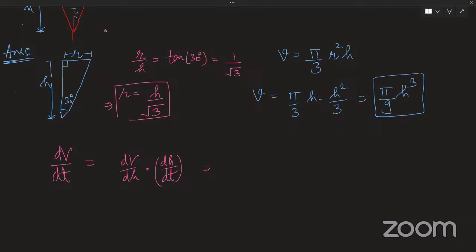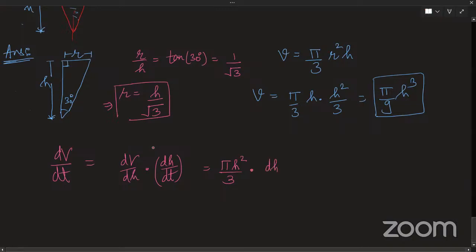Differentiate pi by 9 h cube. Pi h square by 3, absolutely correct. Pi h square by 3 into dh by dt, right?